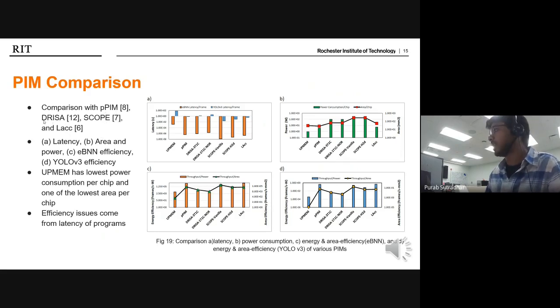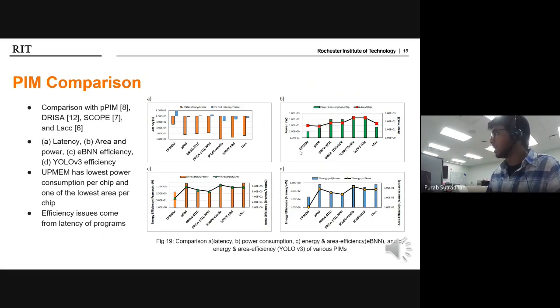For example, DRISA is a bitwise parallel processor that is aimed at CNN acceleration. Scope uses stochastic computing for the same purpose. PPIM and LACC use lookup tables. Now, there is a distinct difference between these two architectures. However, all of them are different from UPMEM, which uses a RISC pipeline for the same purpose.